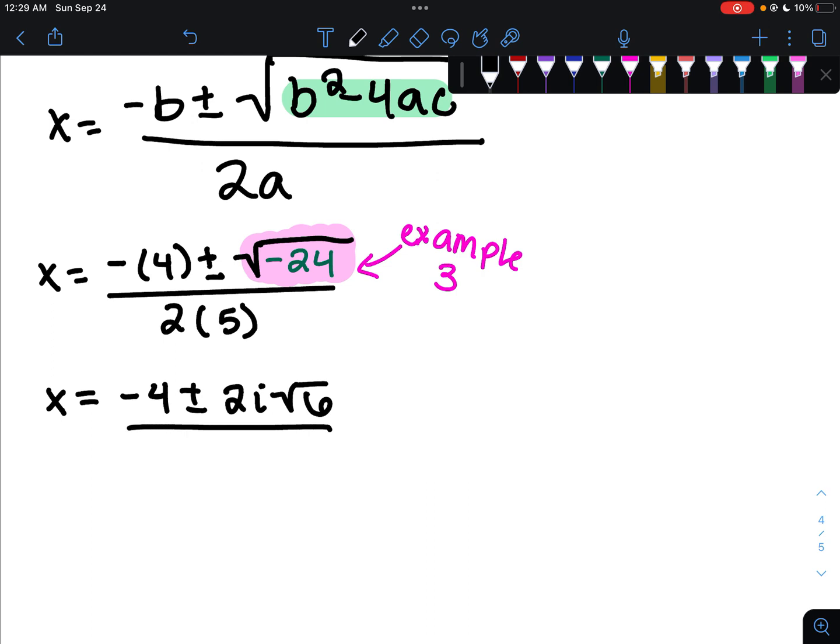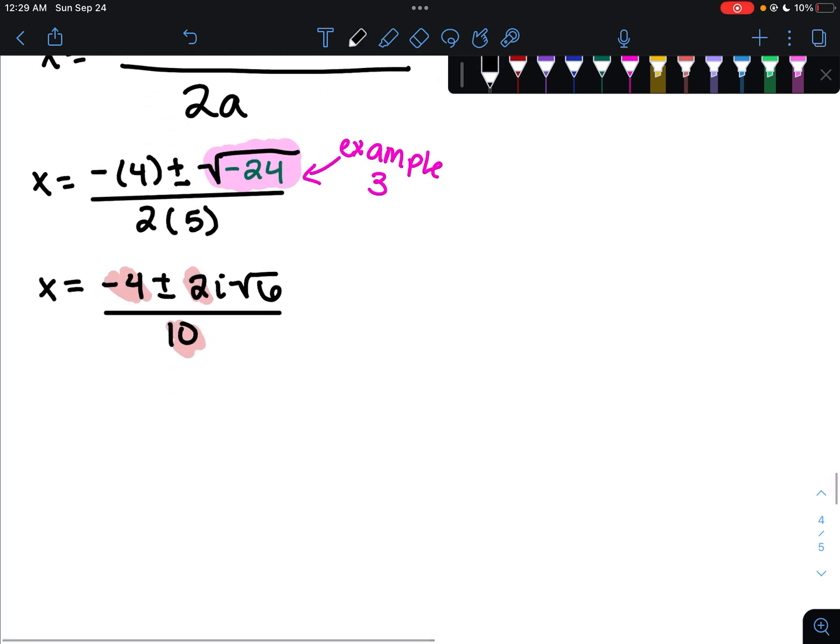And then it's all going to be divisible by 10. Now, this number and this number are all divisible by 2. So to simplify this even more, I'm going to divide each of those highlighted numbers by 2 and get a negative 2 plus or minus a 1i. You don't have to write the 1. Rad 6, all divided by 5.